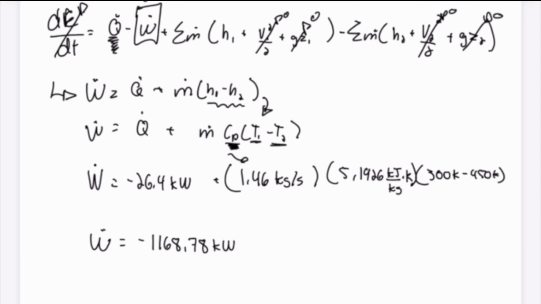So our answer is a negative work of 1168.78 kilowatts, which means that we need to input this amount of work.